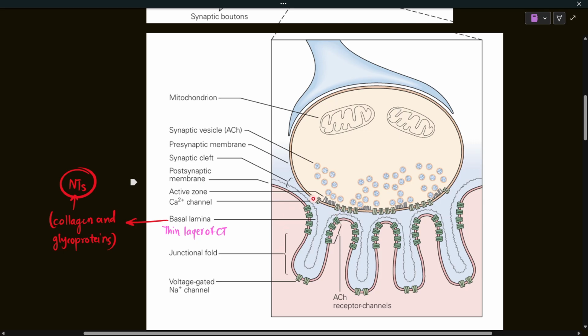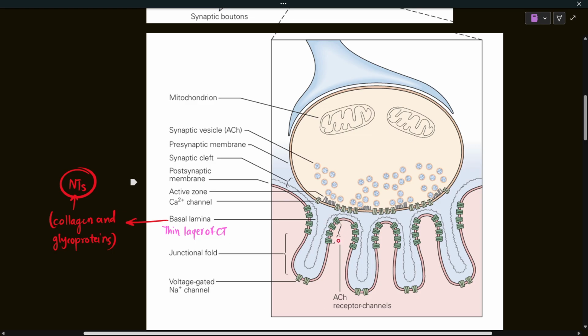Both the presynaptic membrane and the postsynaptic membrane secrete their proteins into the basal lamina between them. Whatever neurotransmitter is released from the presynaptic membrane will cross the basal lamina and bind to the receptors present on the postsynaptic membrane.